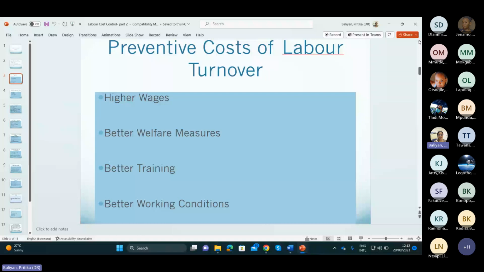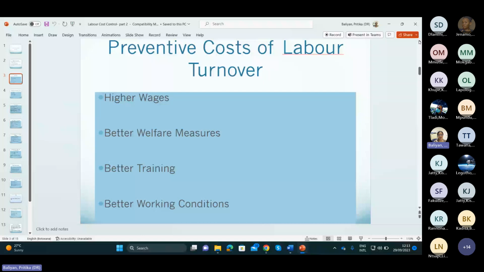If they learn everything during the training session, they can perform their job better. And when good training has been provided, then the people would like to continue in that organization. Better working condition measures also reduce or prevent the labor turnover cost.